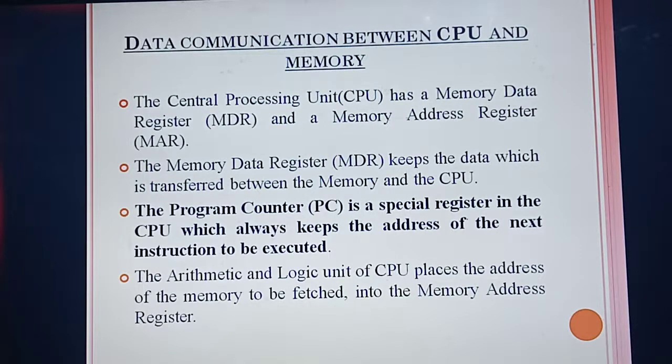For example, you are going to execute 10 instructions. So how many instructions are you going to execute? 10 instructions. This register first knows how many instructions you are going to execute, and the first instruction has the memory address of the second. For example, how do you say the roll number? 1.